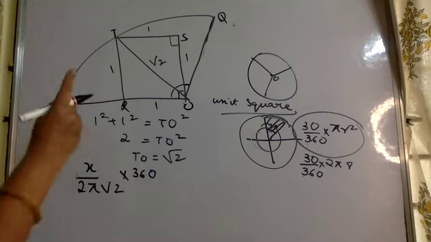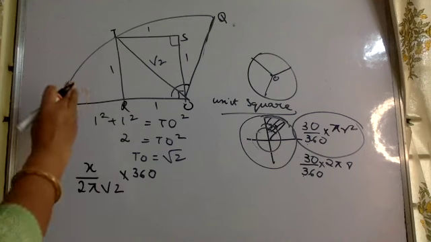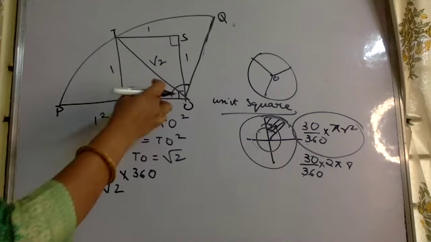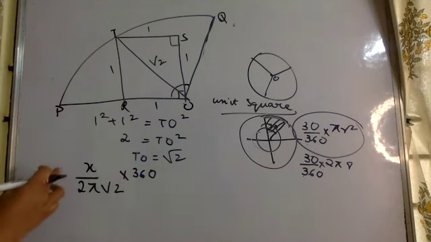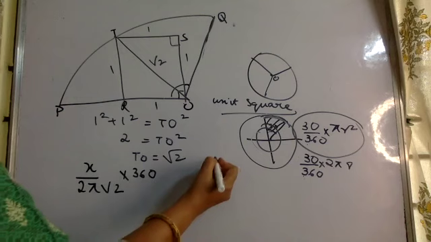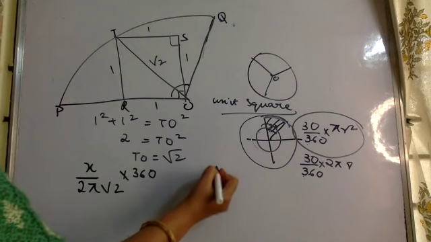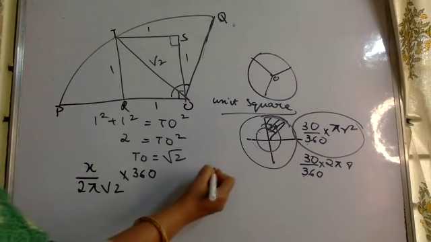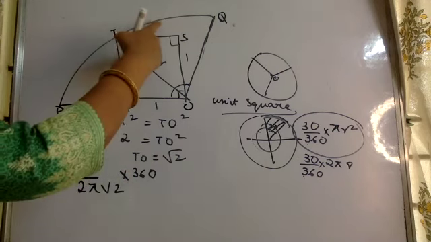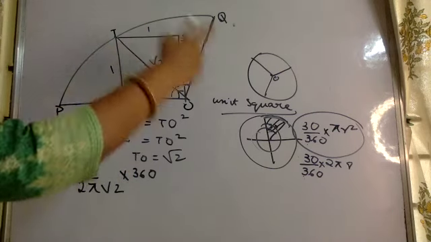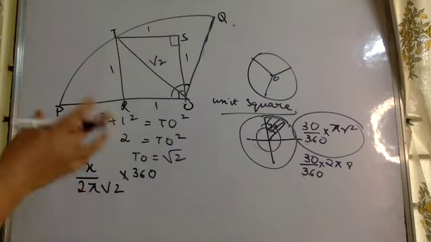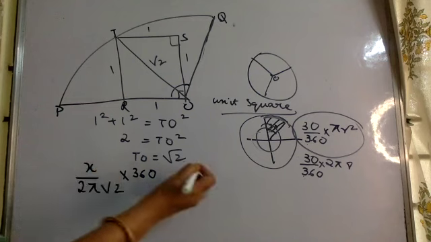You might get a little confused since this is an unknown sector and we don't know the angle, but supposing this angle is 90 degrees, then it will be very clear. It's a quadrant, right? If it is a quadrant, the ratio between this arc and the complete circle's circumference is 1/4.